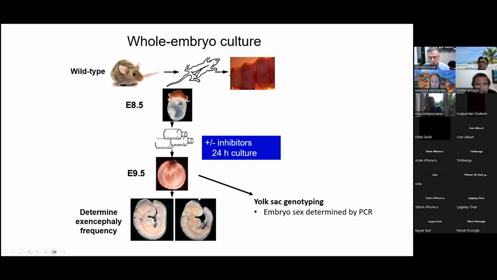This gives us a very powerful tool to look at environmental factors, but also genetic factors. Throughout this study, we've taken a piece of embryo, a piece of yolk sac, and genotyped it by polymerase chain reaction to determine embryo sex. Because of course, we're dealing with a stage before the gonads develop, but nevertheless, we can determine the sex composition.